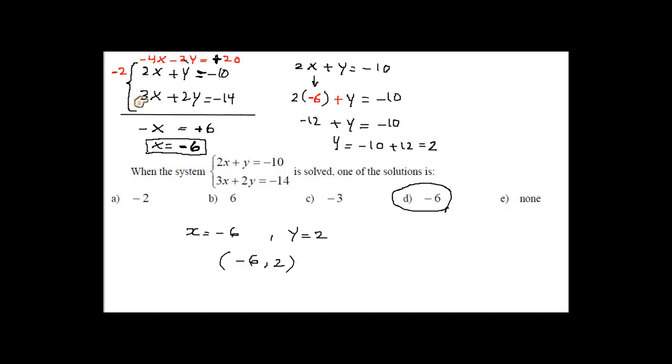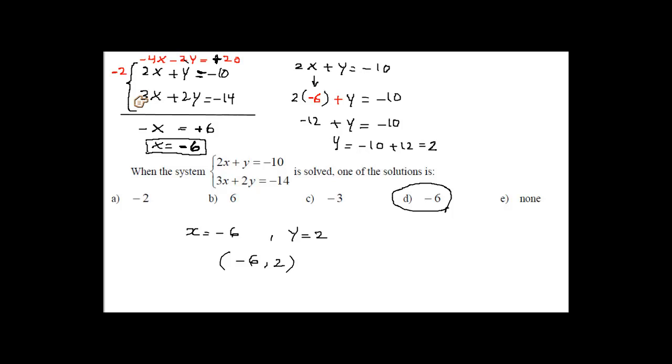If I wanted to eliminate the x, what do I have to do? Anyone with the mic, you can jump in and tell me what I have to do to eliminate the x instead of y. Let's try that. Okay, who wants to give me the first step?